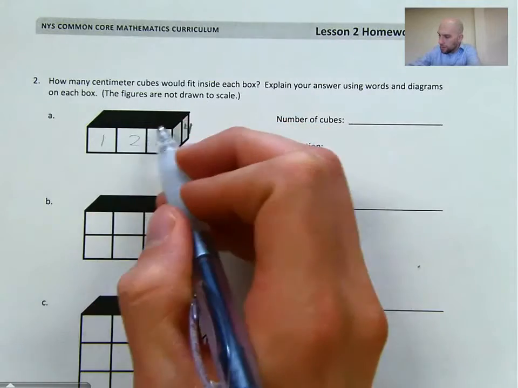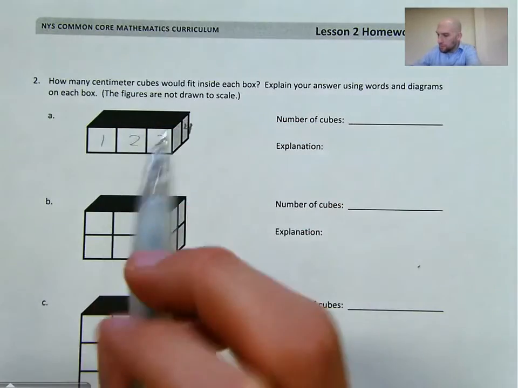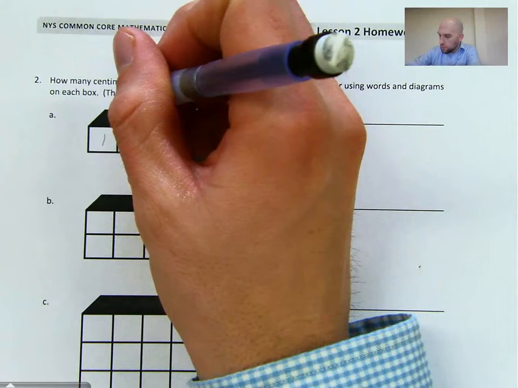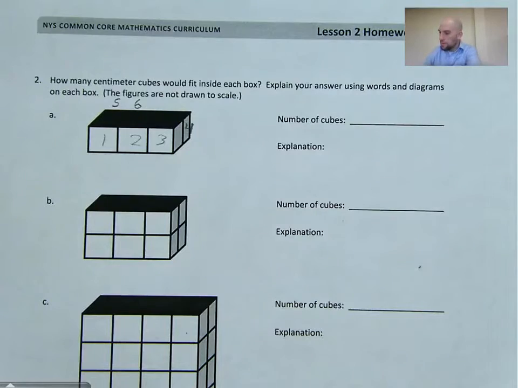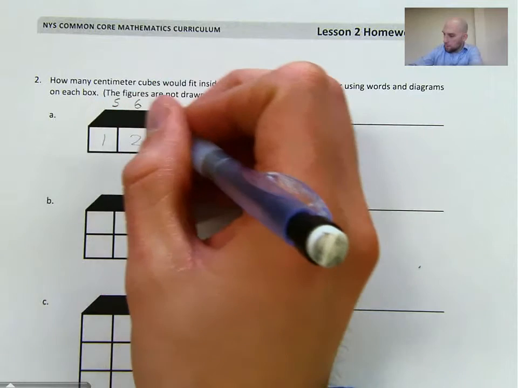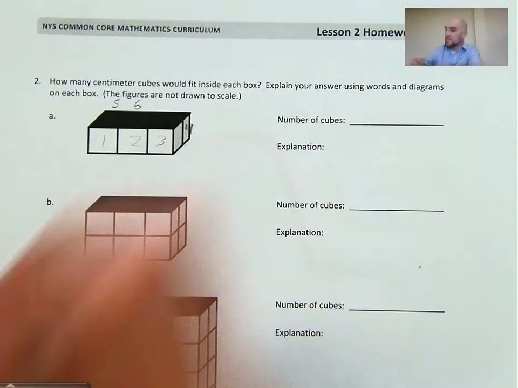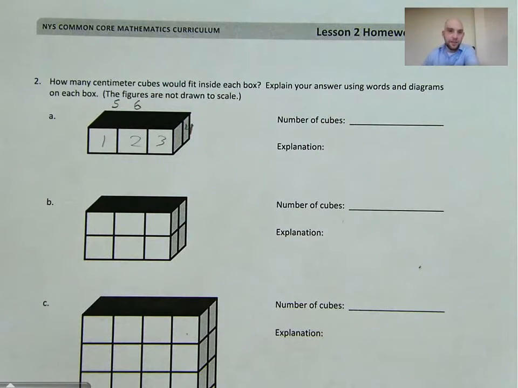But back here on the back of our box, we could also fit 2 more cubes. So we have like 5 and 6 back here. And we'd be able to see that if this was a block, we'd be able to see all 6 of those. But because it's a box, we're just seeing the back side of that box. So we have 6 cubes that could fit inside that box altogether.